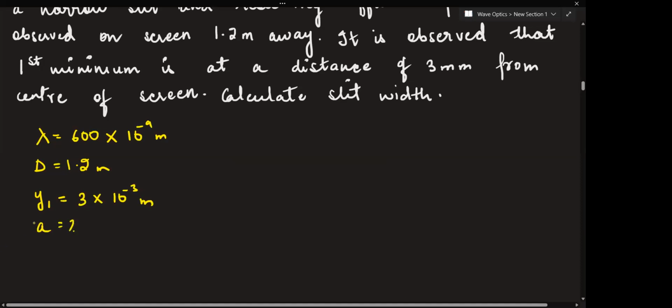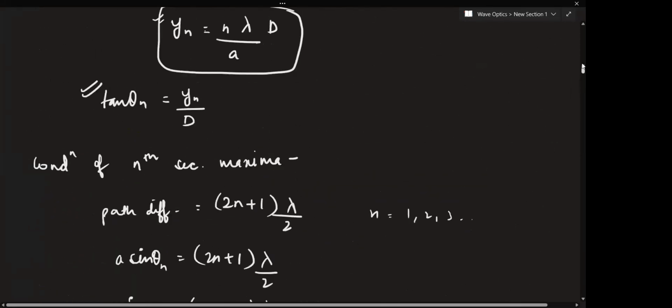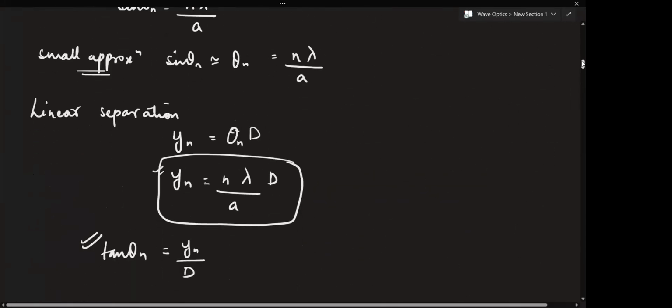Now see, for the case of first minimum, this was the linear separation for the minimum case. Now if I put n equal to 1, y1 will be 1 multiplied by lambda D by A. So y1 will simply be lambda capital D by A. Why am I using this only?